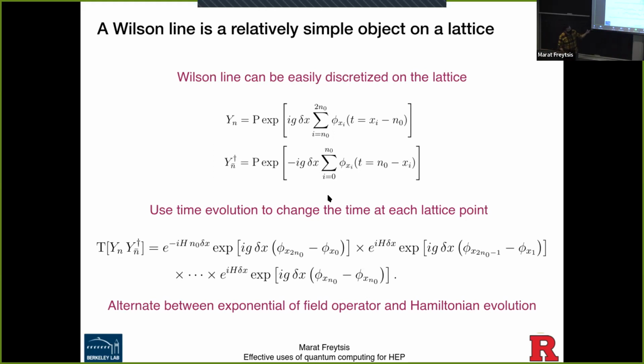So it really is an iterated operation: I create my state, I evolve it with the Hamiltonian, I act with these field operators, I evolve it with the Hamiltonian, I act with the next set of field operators. And I do this again and again until I've constructed my final state. And then I have to have some way of actually reading out the final state that I want.